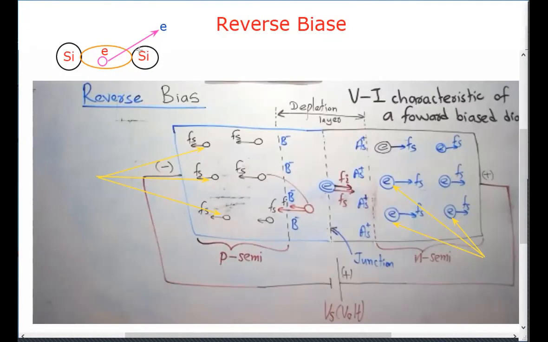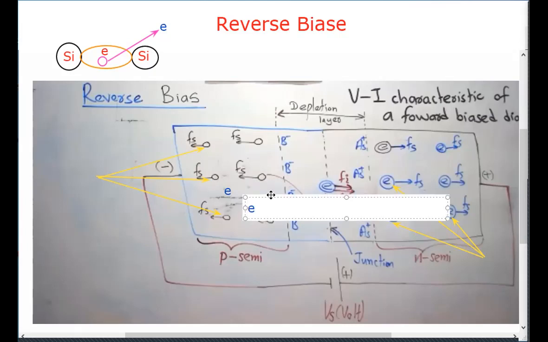So when a covalent bond between any two silicon atoms is broken, holes and free electrons are generated. Only a very few free electrons are created due to broken covalent bonds, but there are at least some.